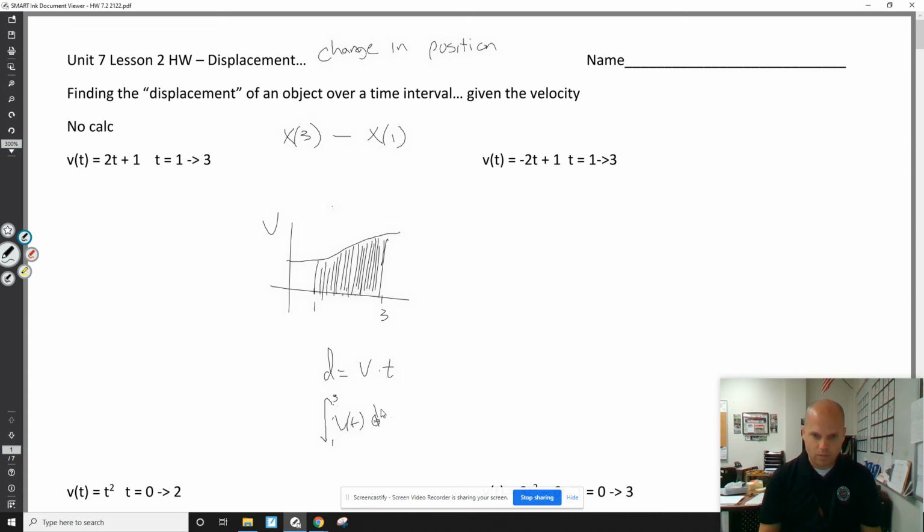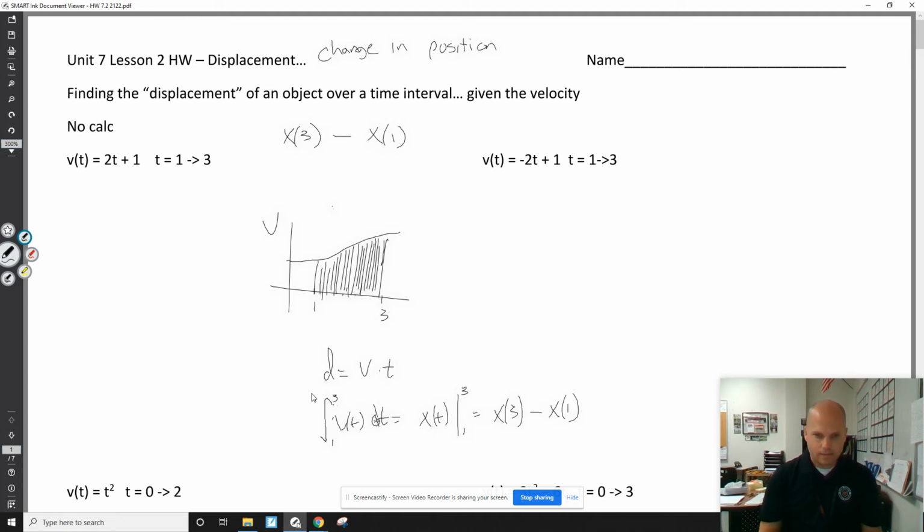And the way we can accumulate velocity is by taking the antiderivative and doing this alternate approach by finding the change in position. Take the antiderivative of velocity, get position, and find the change in position. This little line just means I'm going to plug in 3, and then I'm going to subtract 1.